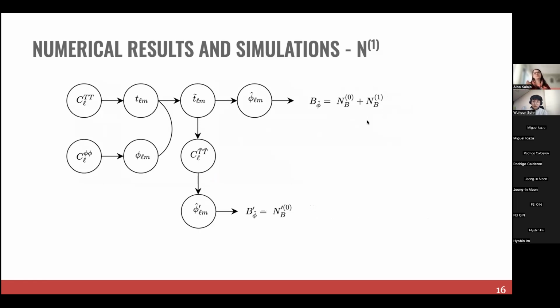So now in order to get N1 from your simulations, you need to subtract N0. There are different ways of doing this. One of them would be to get your analytical result and subtract it from your simulation. However, in our case, this wasn't precise enough, especially at higher L's.